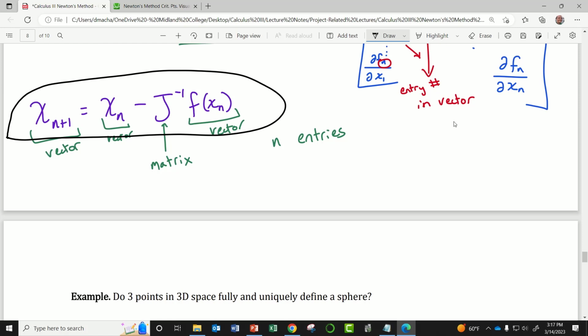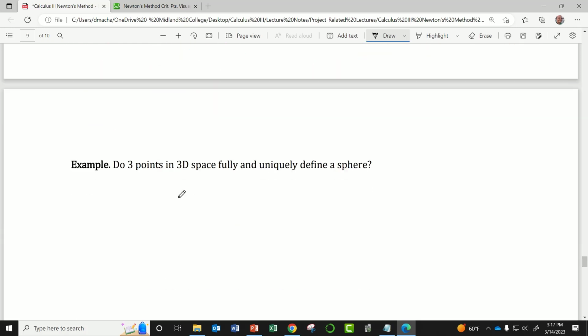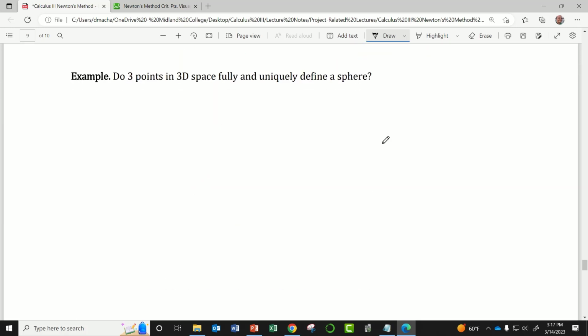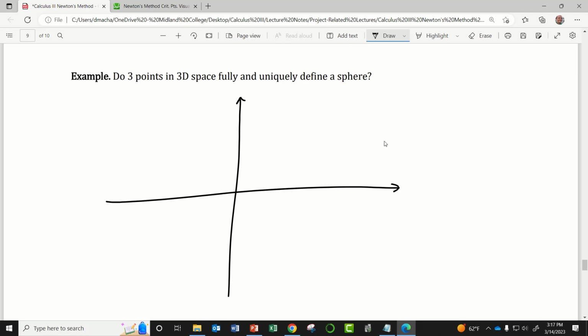So this video has already gone on long enough, and so I'm going to put it to an end pretty quickly. The last thing I'm going to do is ask, do 3 points in 3D space fully and uniquely define a sphere? So here's my x, y, z axes.